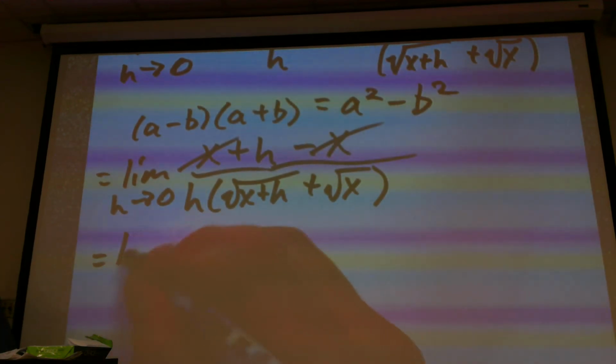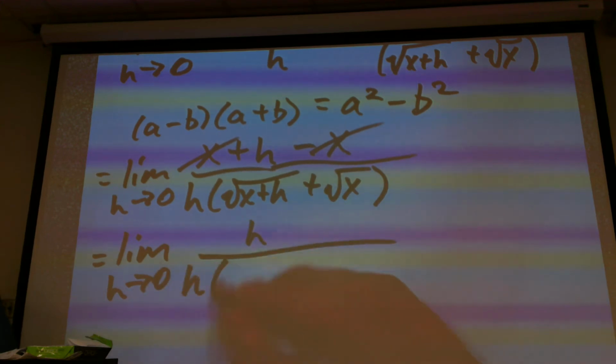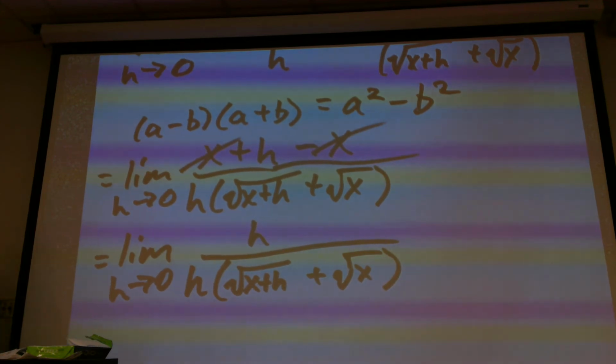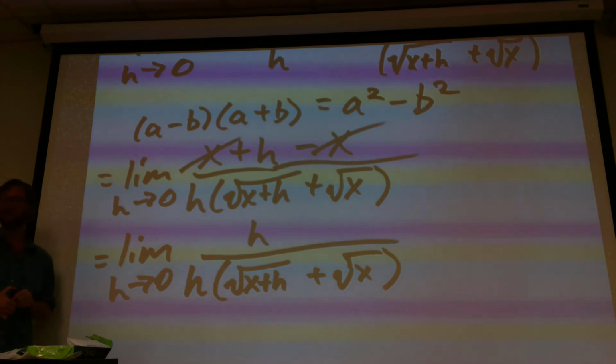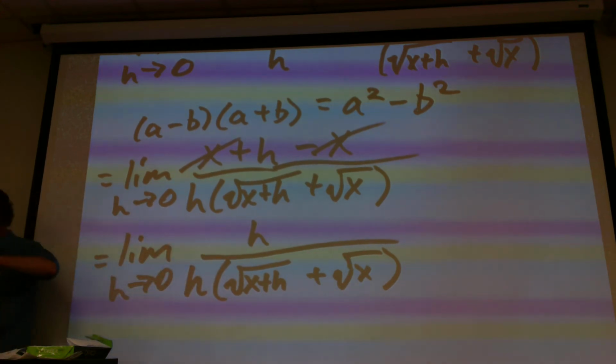And then we're left with the limit as h tends towards 0 of h, now square root of x plus h plus the square root of x. Remember, the name of the game is get rid of that h on bottom. Now that I've gotten rid of the x's on top, this h and that h will cancel each other out.